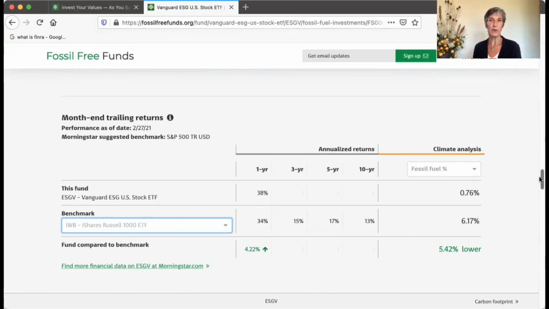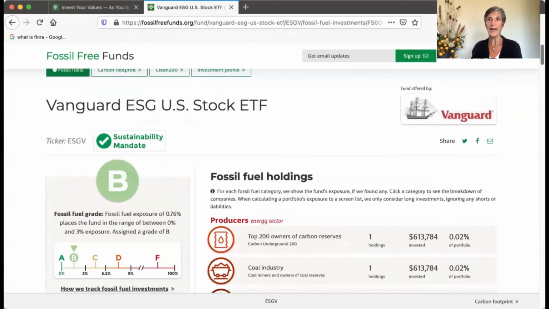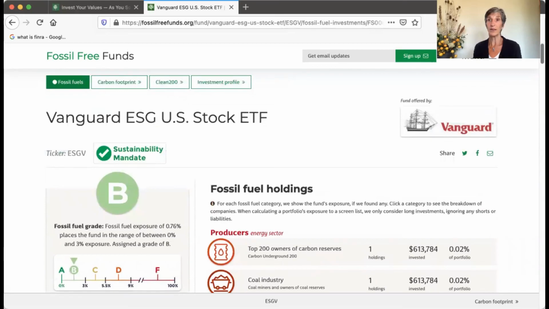And this is only updated on, I believe it's a quarterly basis, whereas when I do rankings and look at different stocks that I'm trying to make personal decisions about, I prefer to see the most current data. And so I tend to use a combination of this tool and Morningstar when I'm doing assessments. And I will show you in a video exactly how I do that. But for now, I just wanted to explain to you how this tool works and how you can take a look at what is in your current portfolio.